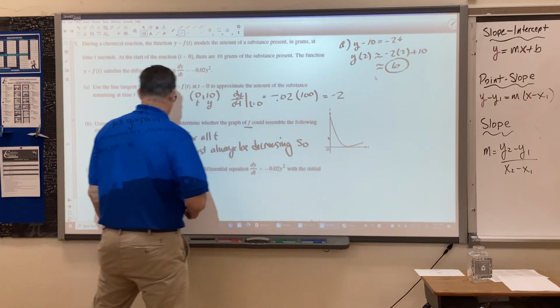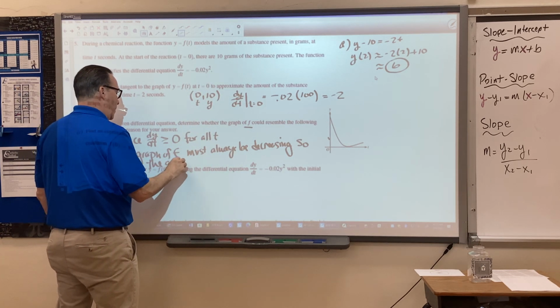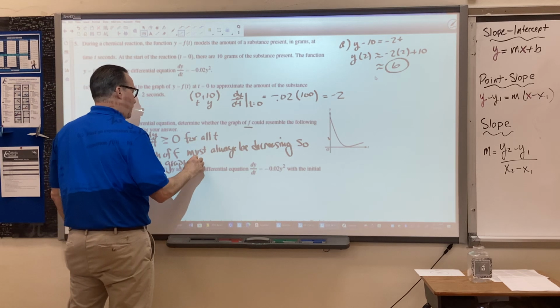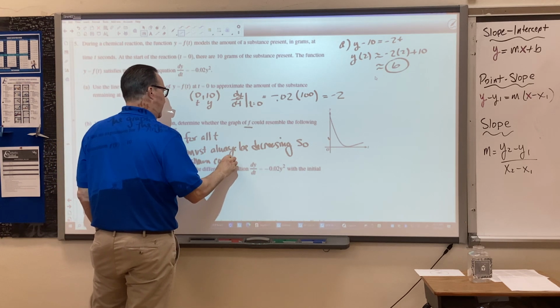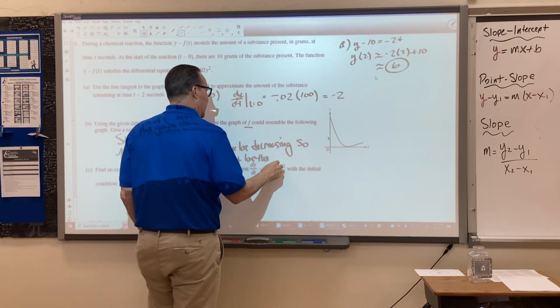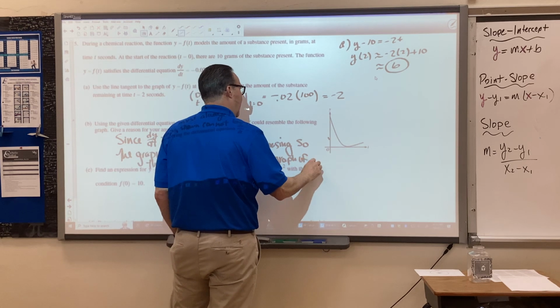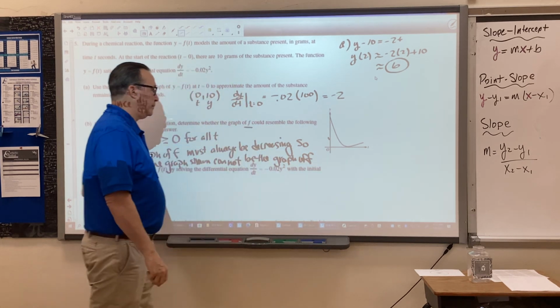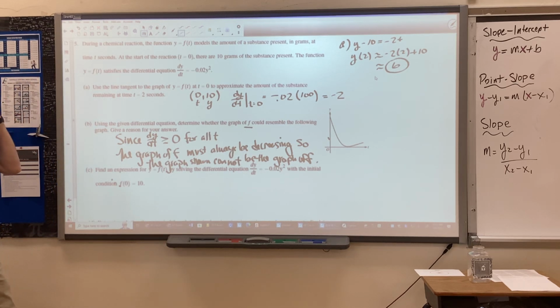So the graph shown cannot be the graph of f. Good?